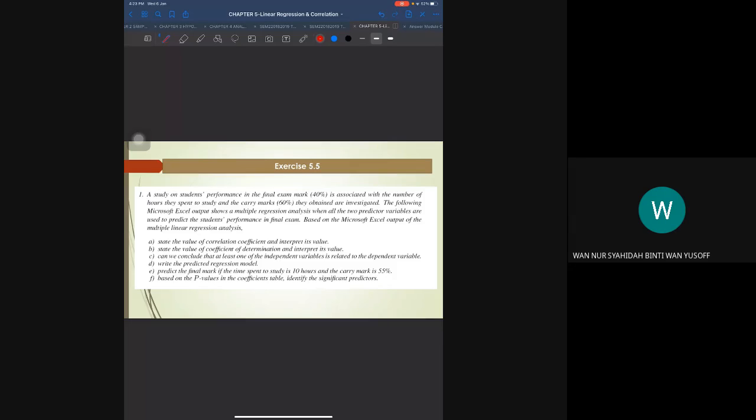C, can we conclude that at least one of the independent variables is related to the dependent variable? So the idea is similar to a linearity test. We need to determine whether Y and the series of X are related to each other or not.